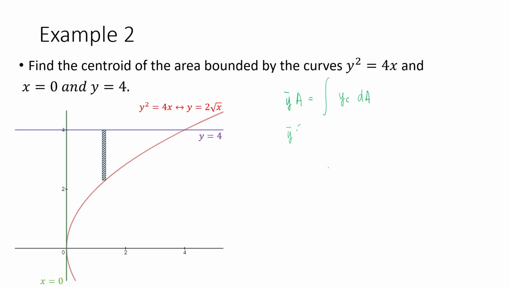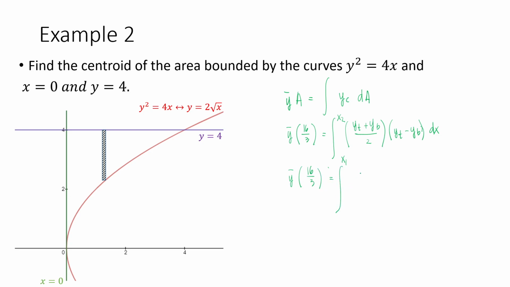So bar y times 16 over 3 is equal to, again, this one would be y top plus y bottom over 2, then y top minus y bottom dx from x1 to x2. Okay, so bar y again is 16 over 3, the area.